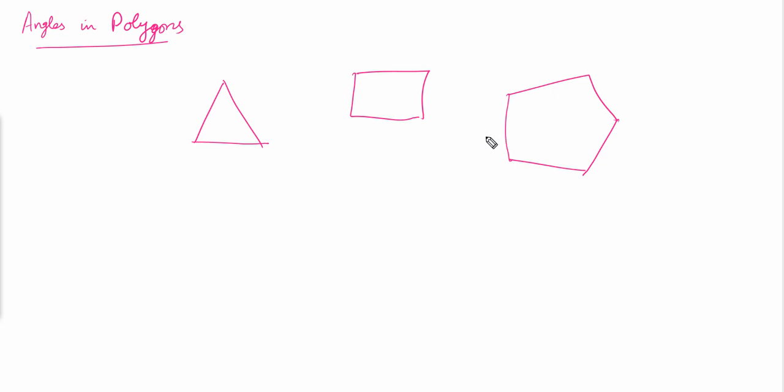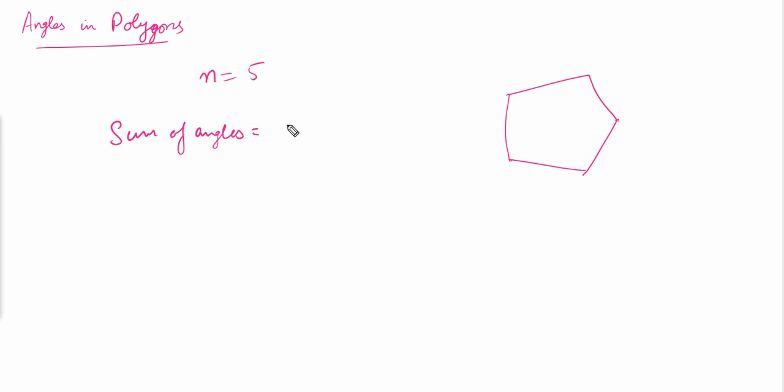If you have to find out the sum of angles in a polygon, then we use a certain formula. Let's take this pentagon. It has five sides, so we'll say that n is equal to 5. To find the sum of angles in this polygon, we will use this formula: sum of angles is equal to 180 times (n minus 2).